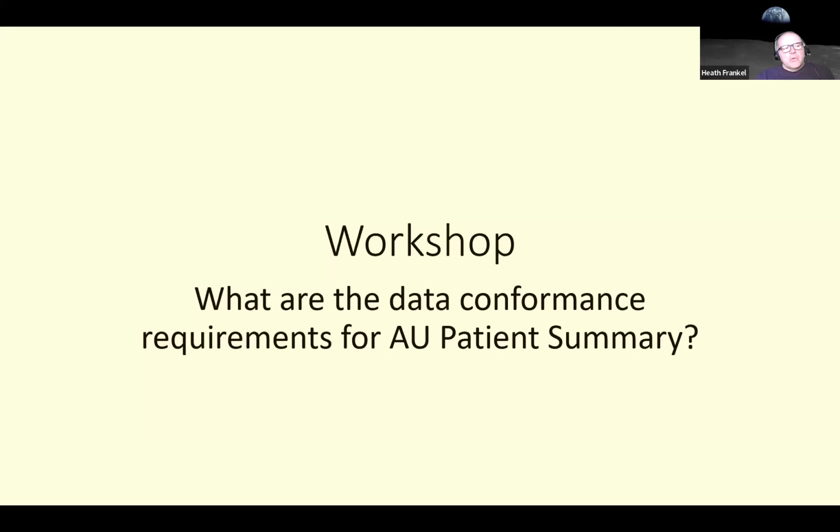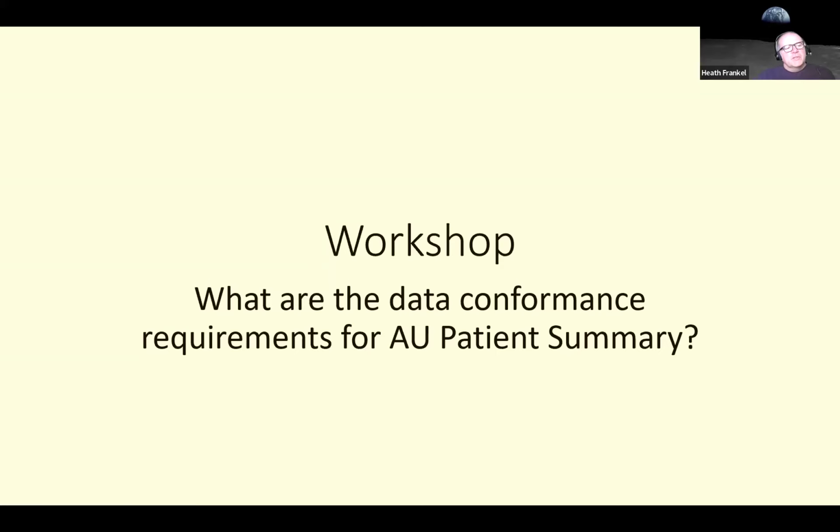So this is where I want to do a workshop. Now I only have 10 minutes, but I will start the workshop, and we'll pick it up next week. I'm hoping that was a good summary of IPS for us to move into this next stage, even though I didn't get as far as I wanted, but we'll kick off into it.